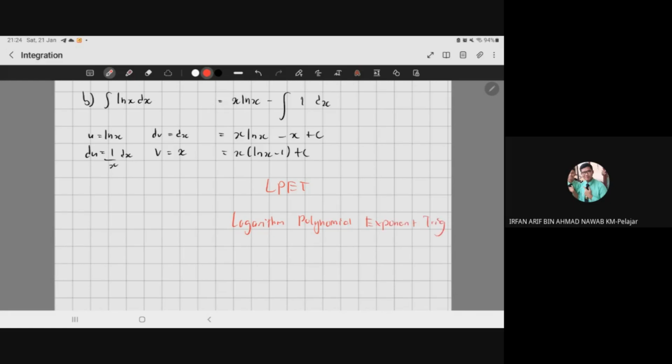So we prioritize logarithm as our u, if I'm not mistaken. Yeah, good. I forgot about LPET.